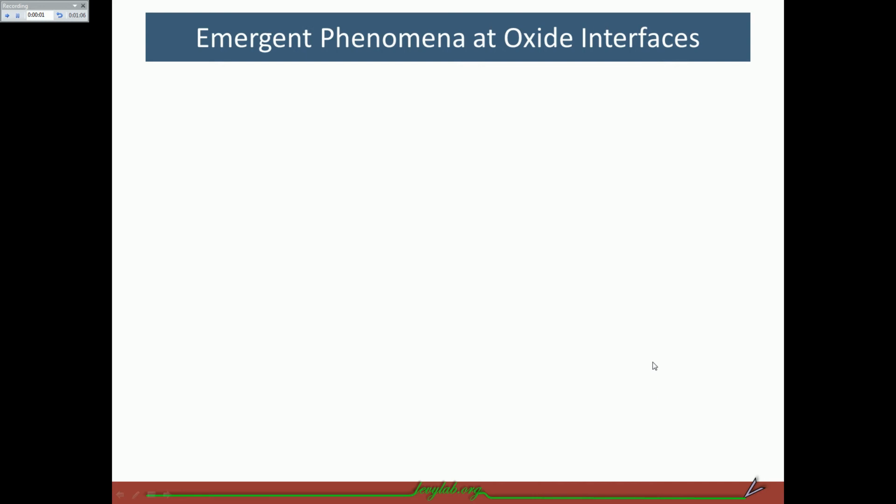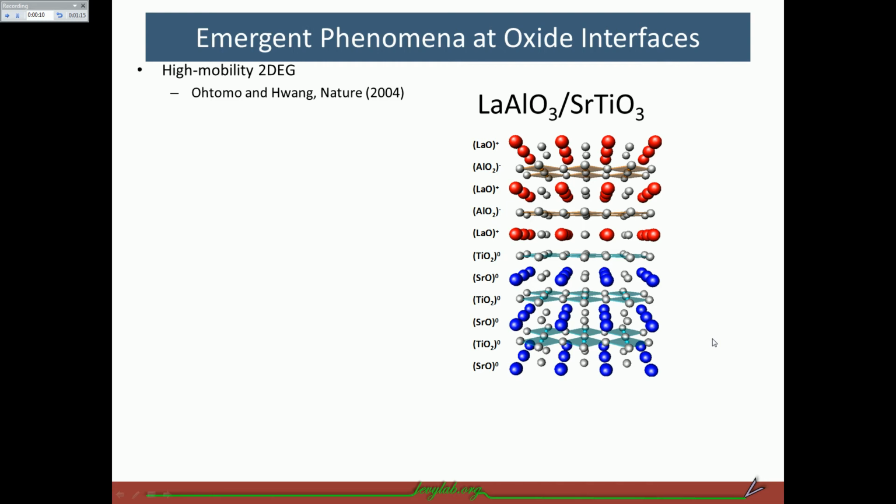So our sample in this work is an oxide interface, lanthanum aluminate and strontium titanate. The interface is atomically smooth, and grown by PLD.